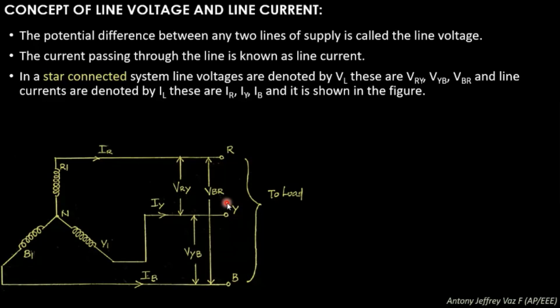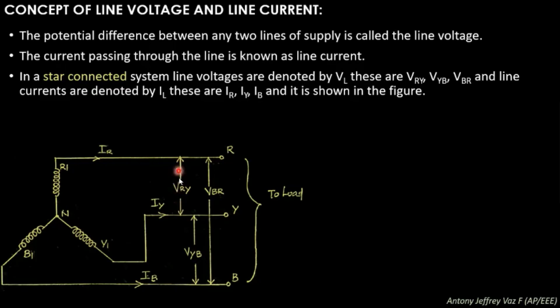If you measure the potential difference between any two lines of the supply, it is called the line voltage. So if you measure the potential difference between R and Y, then it is known as VRY.